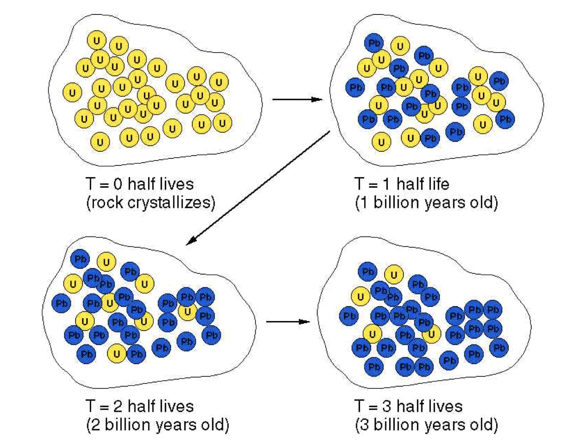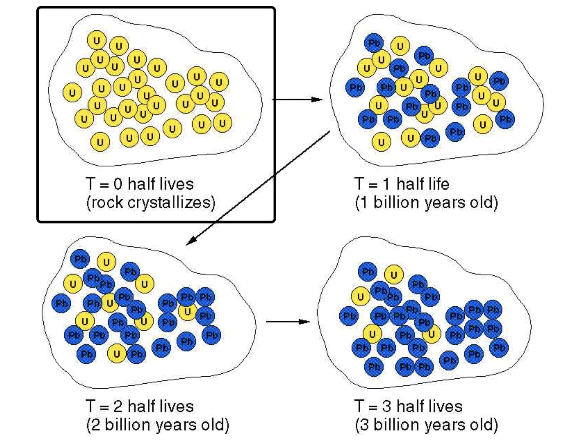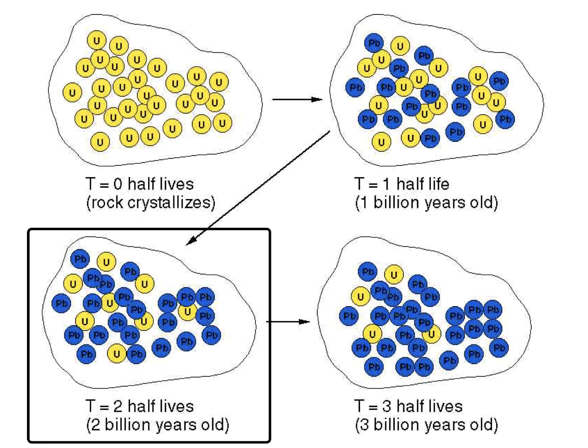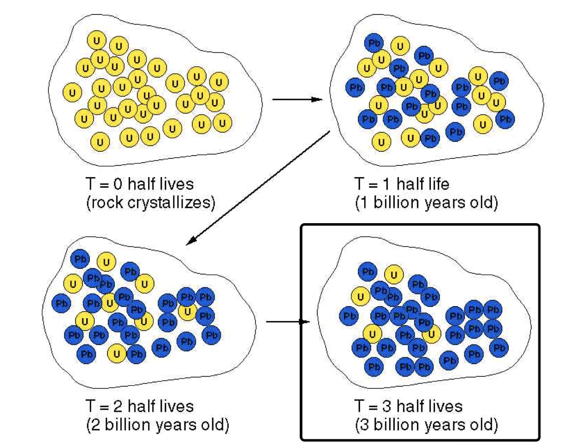So when you have uranium in a rock, when it crystallizes, then in one half-life, it might be a billion years old, and then two half-lives, it's 2 billion years later, and in three half-lives, you'll see less of the uranium is around and more of the lead in this case, and it's 3 billion years old.